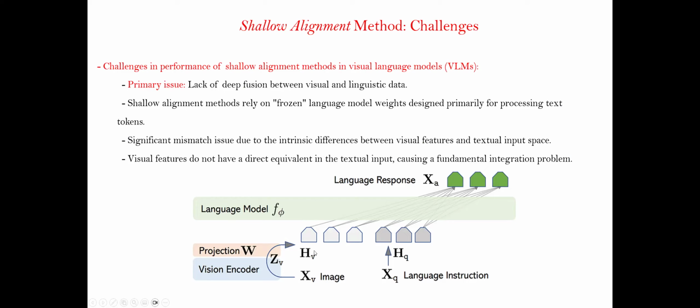We are only partially aligning the image features with the language input space. Those visual features may not have a direct equivalence in the textual input, causing a fundamental integration problem. So these are the basic challenges associated with shallow alignment methods.